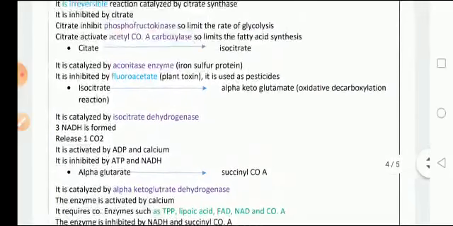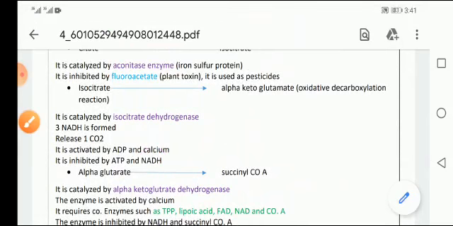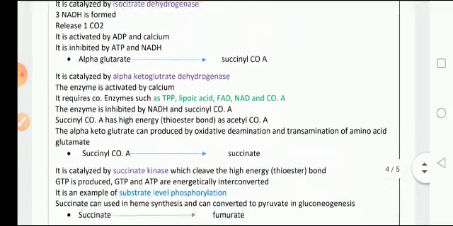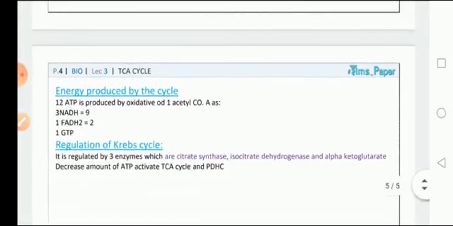The second one was produced by the conversion of alpha-ketoglutarate to succinyl-CoA, and finally, the final NADH was produced by the oxidation of malate to oxaloacetate. And so we have 3 NADH.